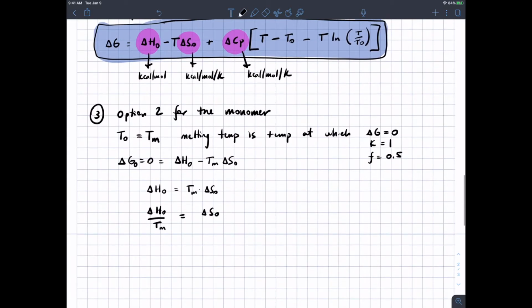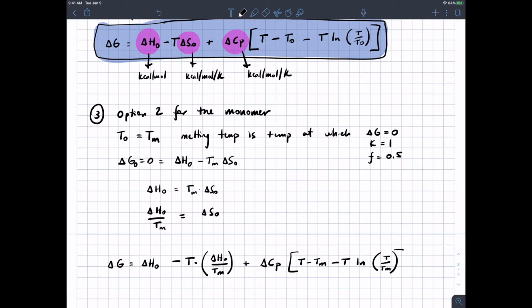Okay, so let's see how this changes our expression for delta G above. We'll have delta H0 minus temperature times delta S0, which we're going to substitute in this expression, delta H0 divided by Tm, plus delta Cp times temperature minus reference temperature, which is Tm, minus temperature times the natural log of temperature divided by reference temperature, which is Tm.